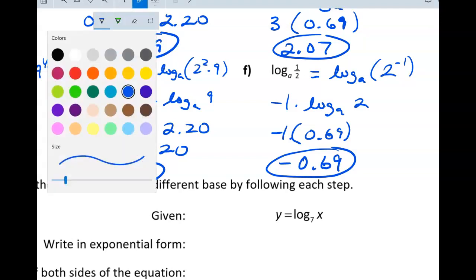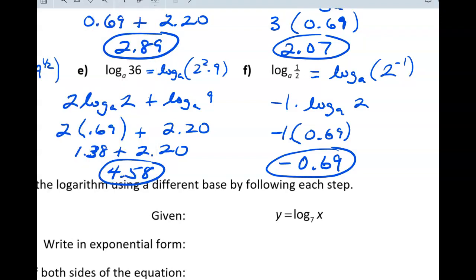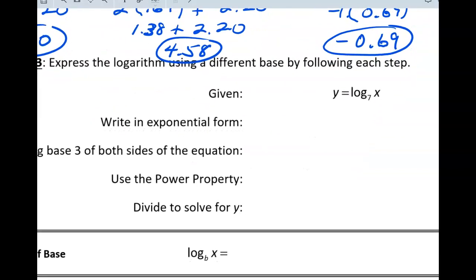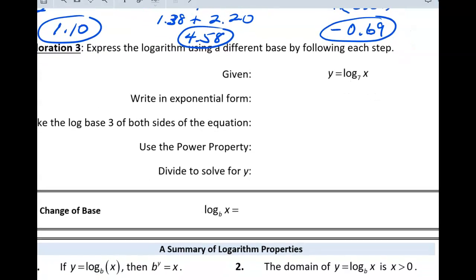All right, now let's take a look at one more property of logarithms. That one more property is the change of base formula. So we're going to attempt here to change the base of log base 7 of x to log base 3. So for the first step, we're going to take this equation y equals log base 7 of x and rewrite it in exponential form. So in exponential form, it'll be 7 to the y is equal to x.